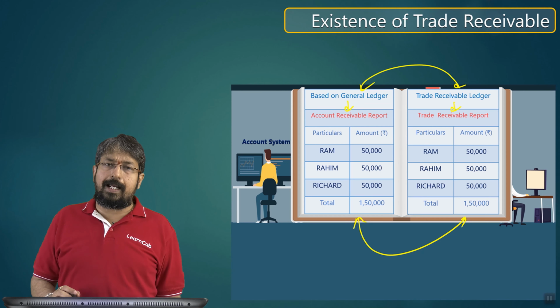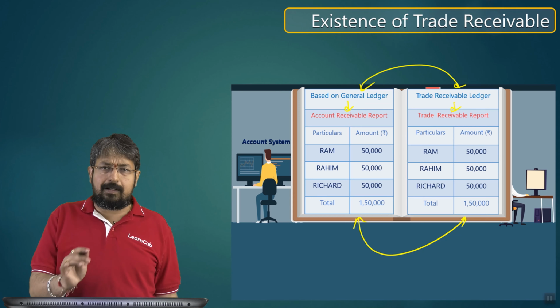The general ledger will contain the details, and that has to be matched with the trade receivable ledger. They are reconciling, there is no difference, there is no issue. So it matches. Ram's account gets matched, Rahim's account gets matched, and Richard's account also matches. So no issue with that.